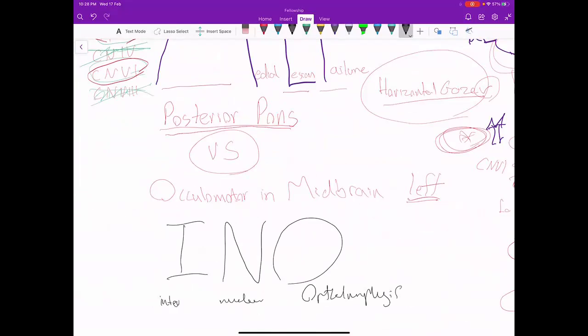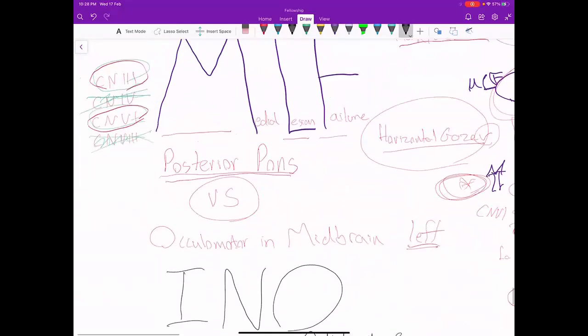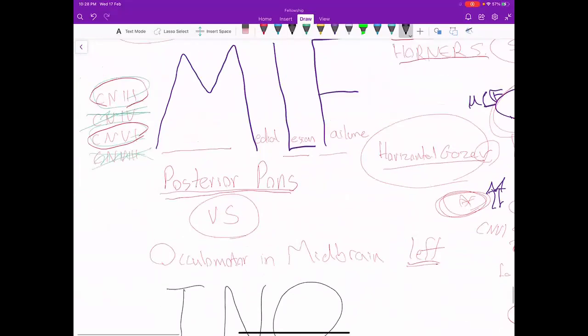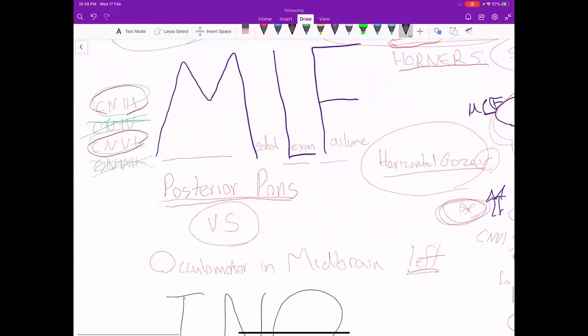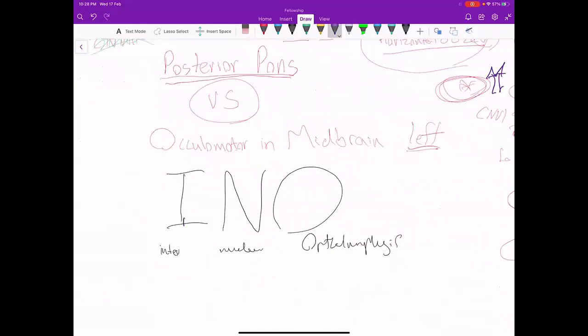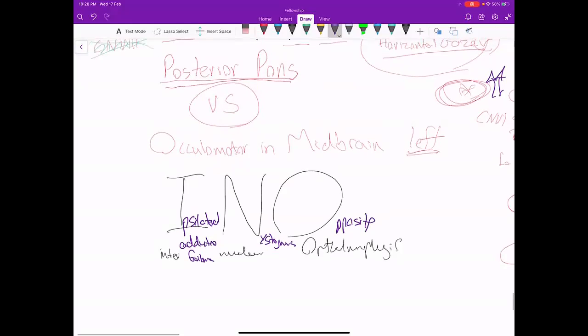When you have a failure of the MLF, we refer to it as INO. This is another mnemonic. It tells you ipsilateral adduction failure, nystagmus opposite. This tells you where the lesion in the MLF is.